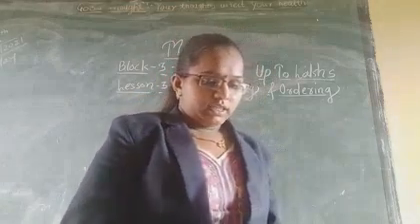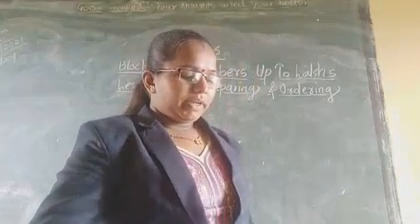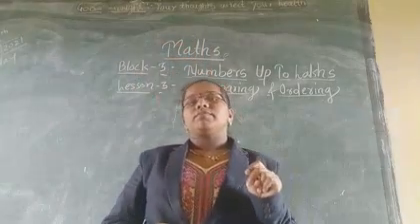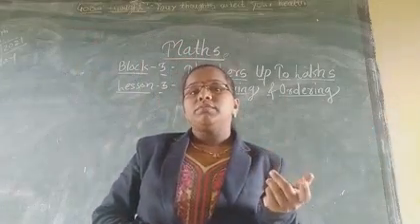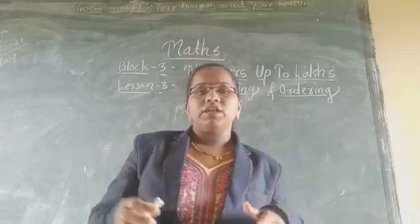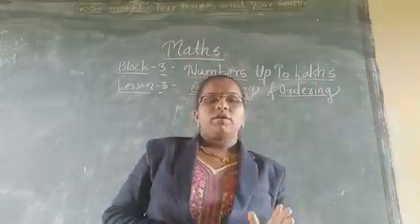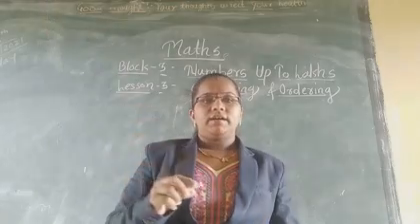But today we study comparing and ordering. What is meant by comparing and what is meant by ordering? There are two types of ordering, ascending order and descending order. Descending means greatest to smallest and ascending means smallest to greatest.